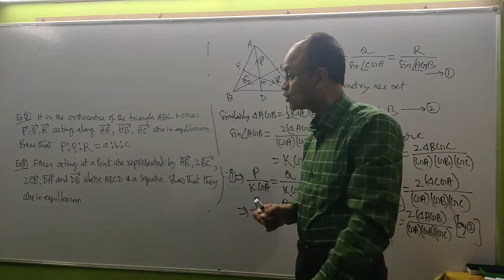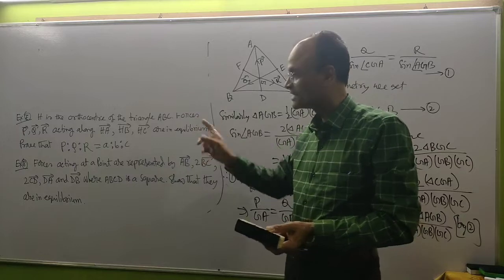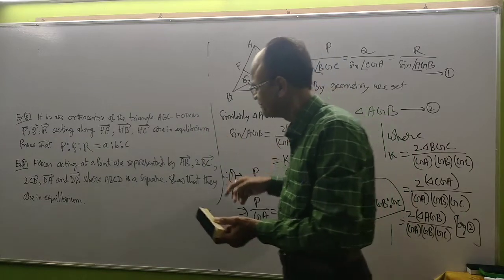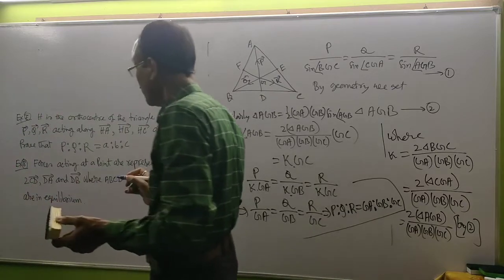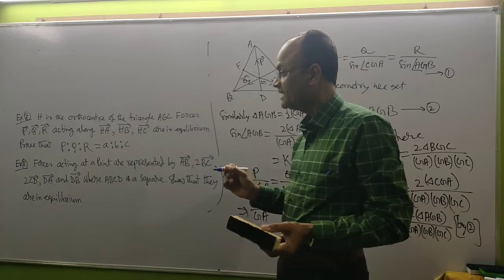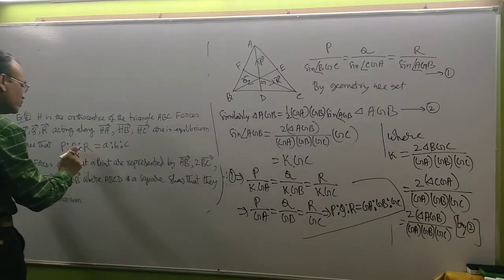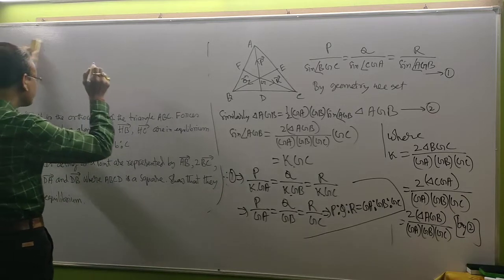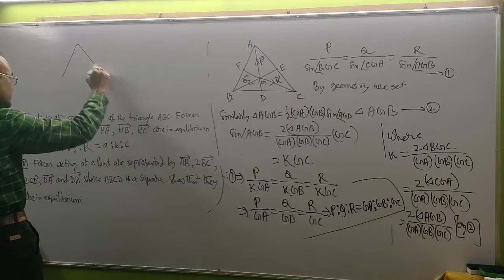H is the orthocenter of the triangle ABC. Forces P, Q, R acting along HA, HB, HC are in equilibrium. Prove that P is to Q is to R equals a is to b is to c. What is this?